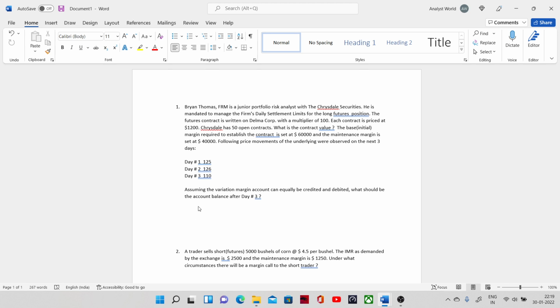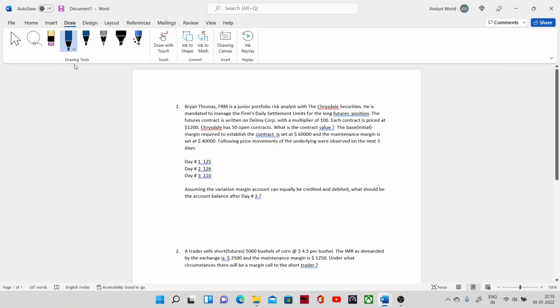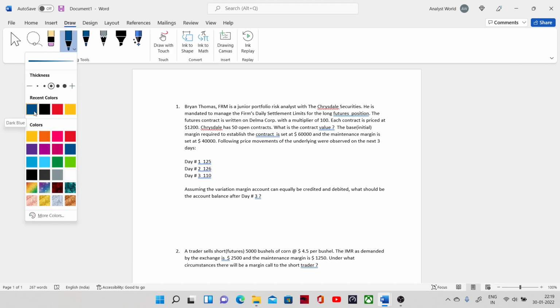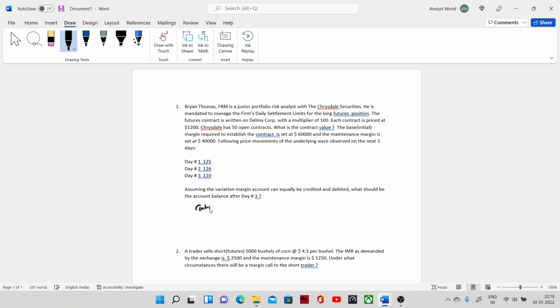So let's first understand what is given. We have to find out the contract value, which is very simple. It's going to be the multiplier effect. Each contract is priced at 1200, so 1200 is the base price, into the multiplier, which is 100, into the 50 such open contracts.